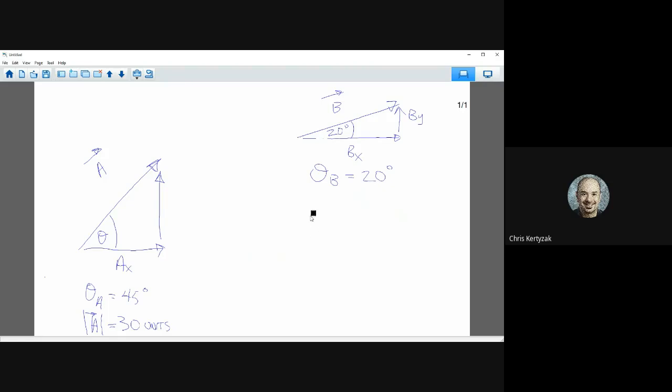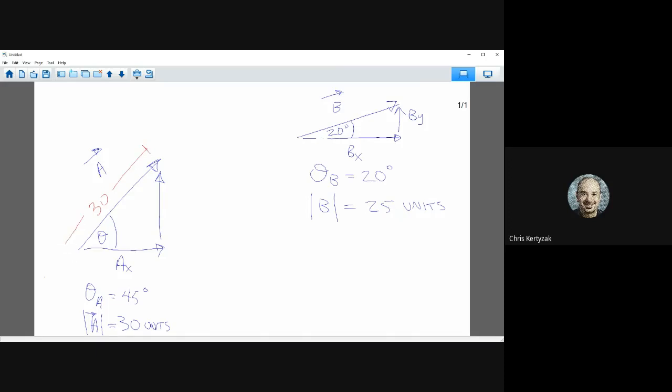All right, and let's give a magnitude to vector B. It looks maybe a little shorter than vector A. Let's just say it's 25 units long. And again, just so that's clear, the length of the vector is the length along the hypotenuse, right?